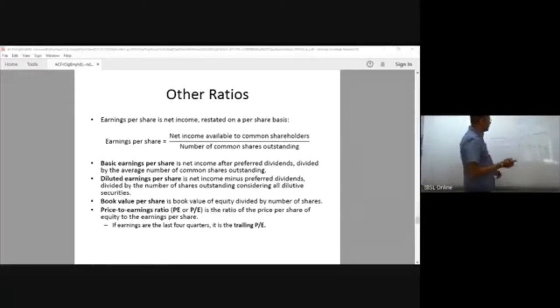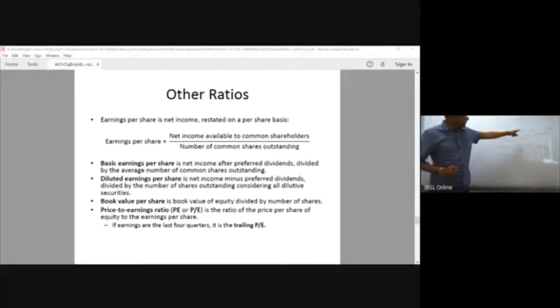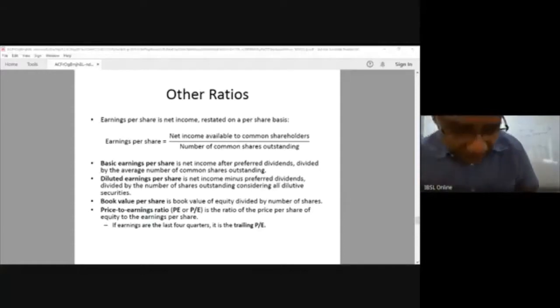So it can go up to 50, and there can be price appreciation. So this particular share is valuable, and you can invest. That's how investors take a decision, based on EPS and P/E.